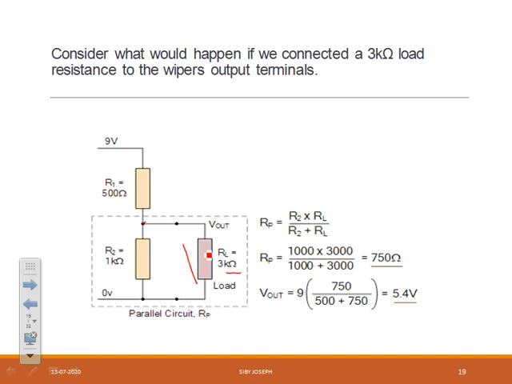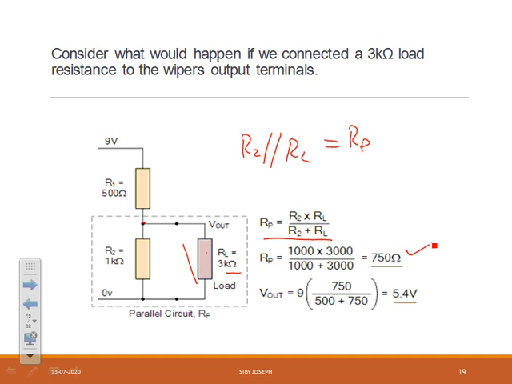So R2 parallel RL is the total resistance RP. RP is equal to R2 into RL divided by R2 plus RL, so it is equal to 750 ohm.